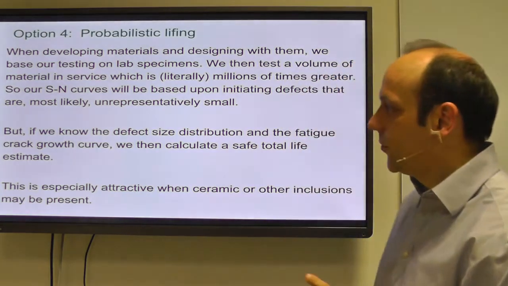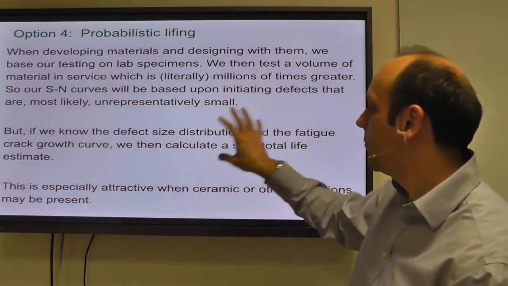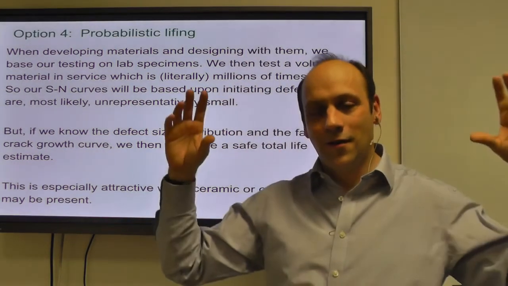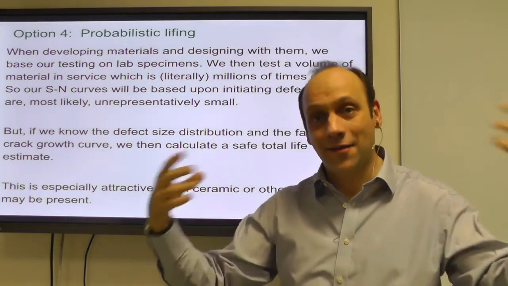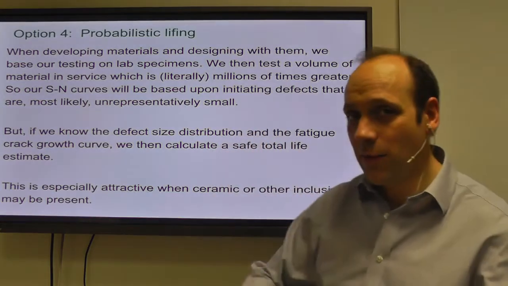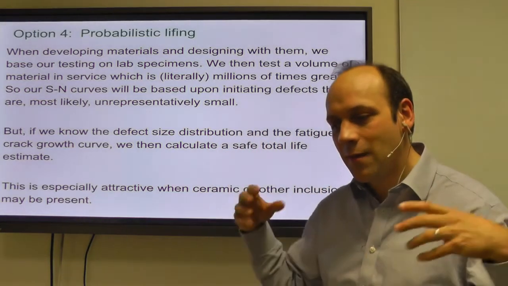So what we would have to do to correct for that is we'd have to know the defect size distribution in the fatigue crack growth curve, and then we could calculate a safe life based upon the real probability distribution of there being a defect in a large disk and the fatigue crack growth behavior. And that's going to be a very attractive approach when ceramic inclusions, for instance, or gas porosity may be present.